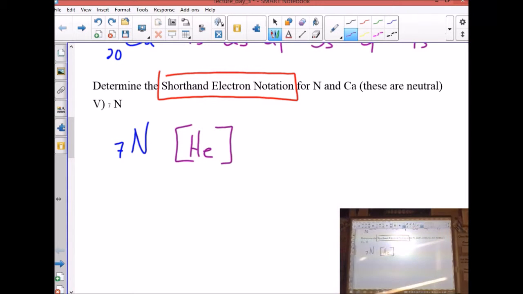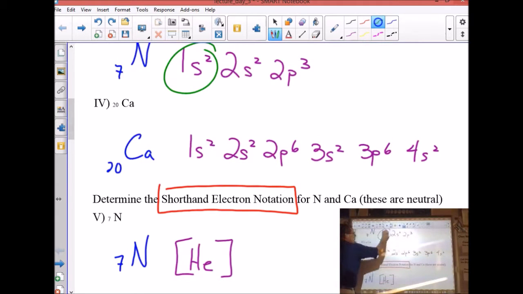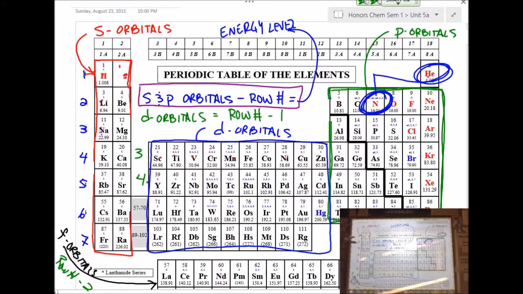Now, unfortunately for any row 2 element, this isn't really a shorthand because what that represents is the 1s2. Okay? That's what that represents. And then you have to ask yourself, for the shorthand notation, what row is that element in that I'm looking for? 2.